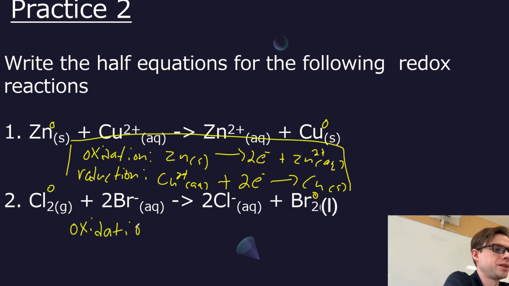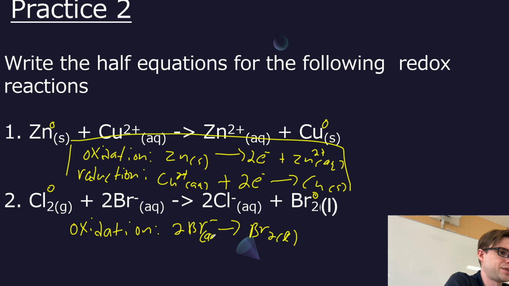It should be the bromine that does oxidation. 2 Br- goes to Br2, liquid I believe is its standard state. These we can say are aqueous. Plus 2e-.